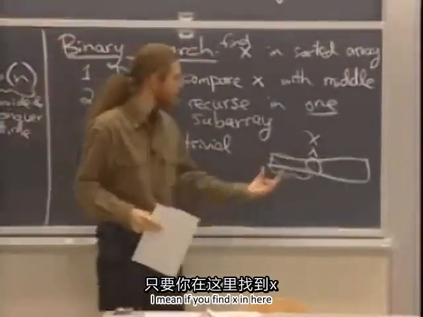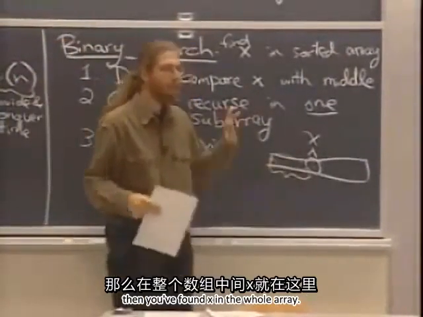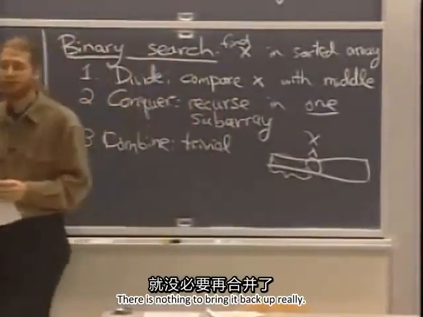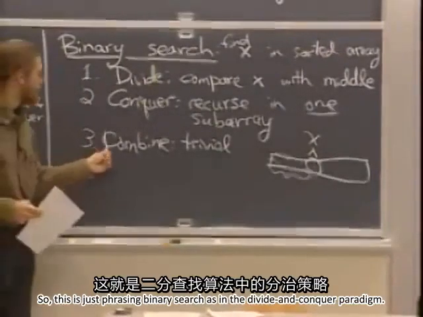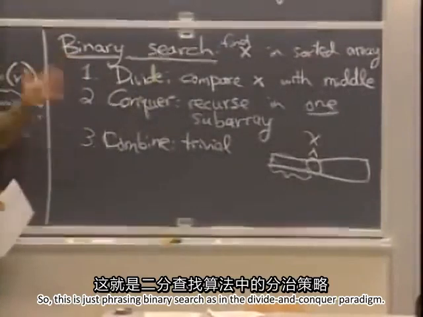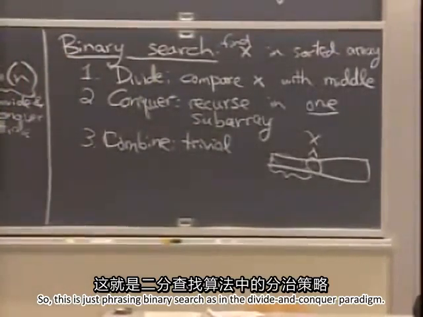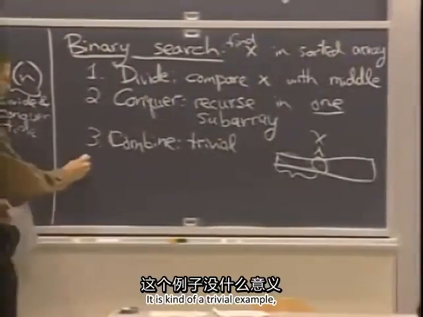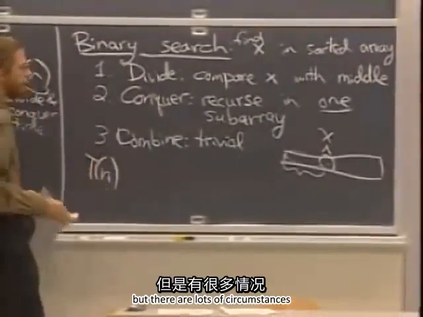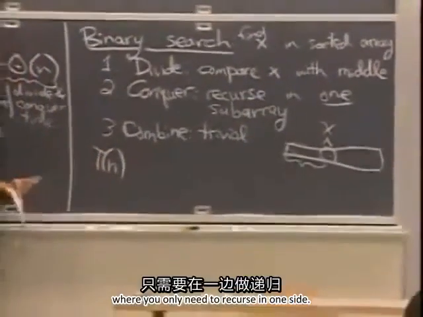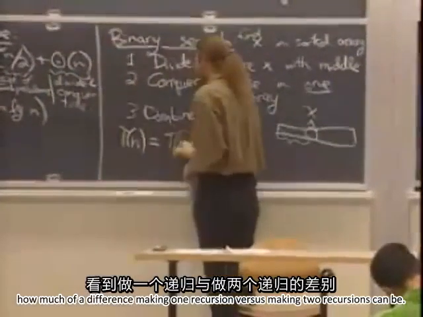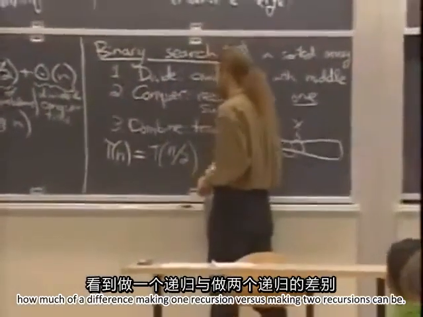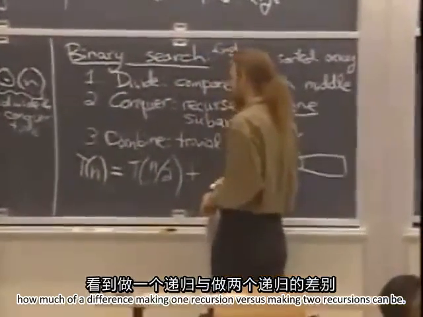If you find x in here, then you found x in the whole array. There's nothing to bring it back up, really. So this is just phrasing binary search in the divide and conquer paradigm. It's kind of a trivial example, but there are lots of circumstances where you only need to recurse in one side. And it's important to see how much of a difference making one recursion versus making two recursions can be.